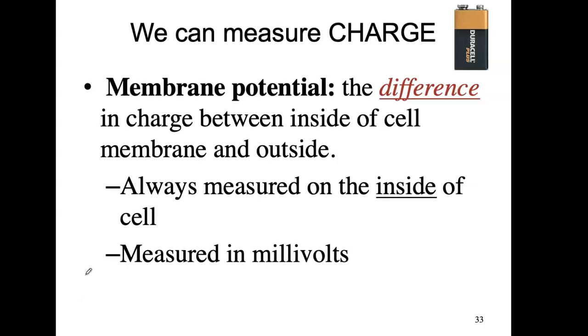The way we measure this is on the inside of the cell. We get a probe just like you would measure to see if there's any charge coming out of your outlet in your house, and you could get a voltmeter there. You could do that with a cell. You could put a probe inside the cell, and then the second probe from your apparatus is going to be on the outside of the cell, and you're going to see if there's a difference in the number of ions in and out. And we measure that again in millivolts.